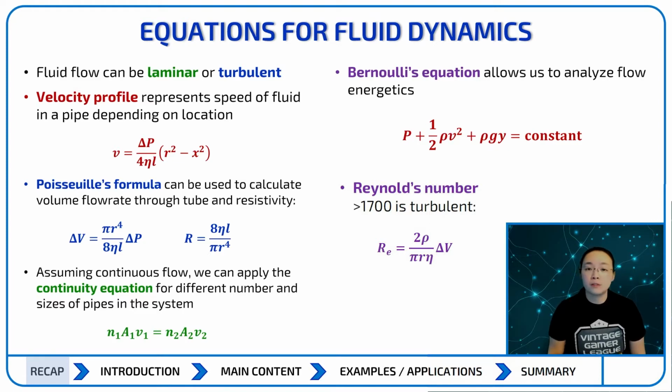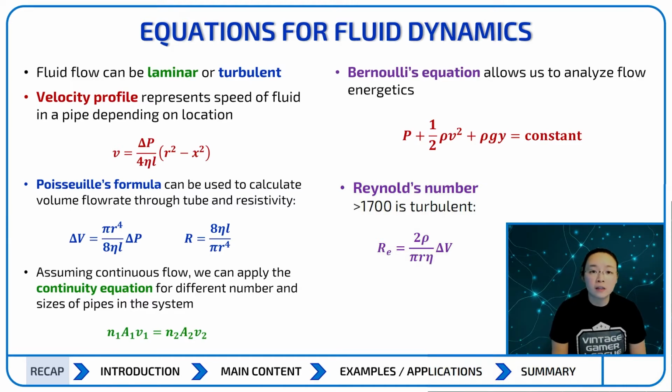Next, we took a look at Poiseuille's formula, which is used to calculate the volume flow rate through a tube, as well as resistivity. We were able to calculate delta V based on that equation and also compare it to an electrical analogy, and derive an equation for the resistivity of your fluid flow.